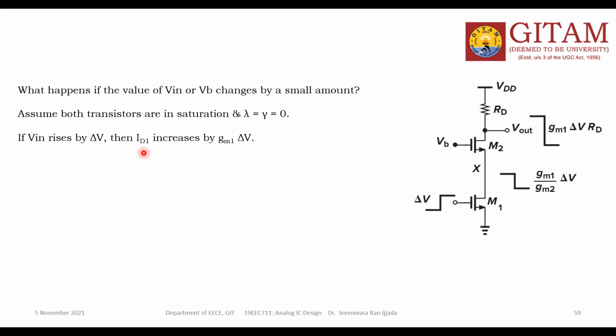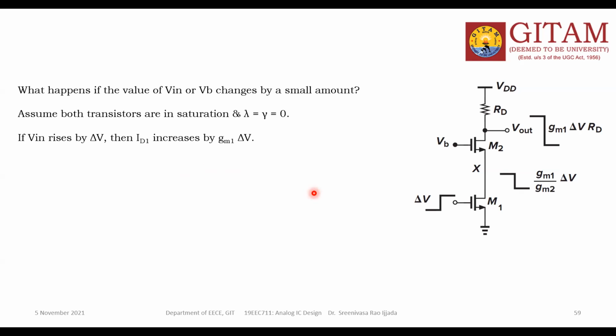At this moment I'm talking only about the M1 device. Suppose a delta V change is applied at the gate of M1. There must be a corresponding drain current change. Delta V is an incremental value.